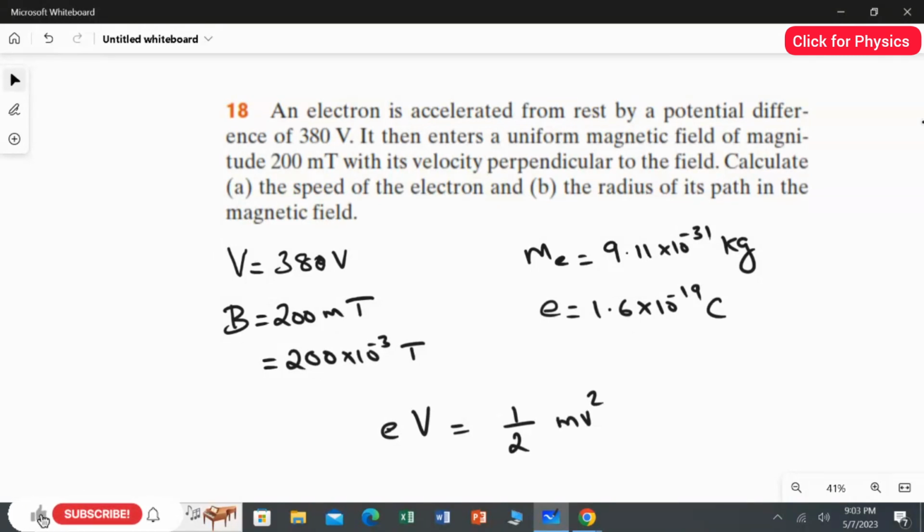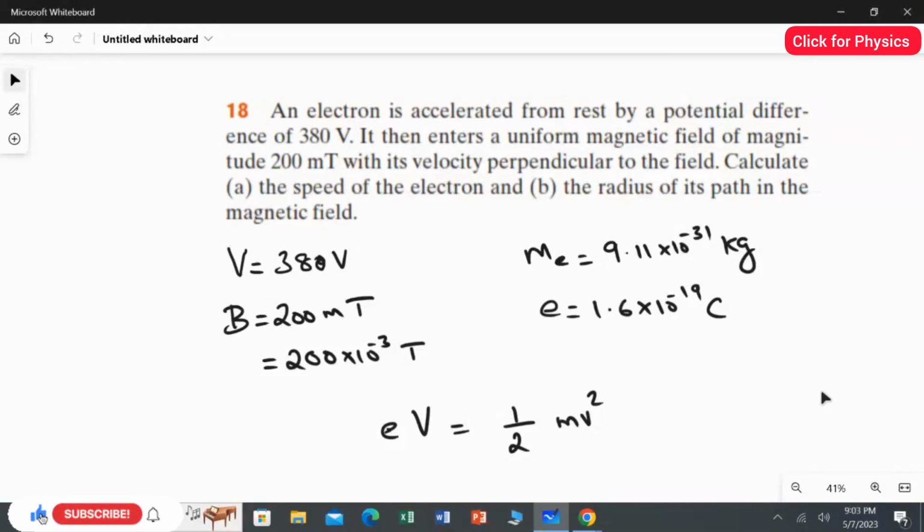Don't get confused about this V and that v. The capital V stands for the potential, the voltage, which we give to the electron to accelerate, and the small v stands for the speed.